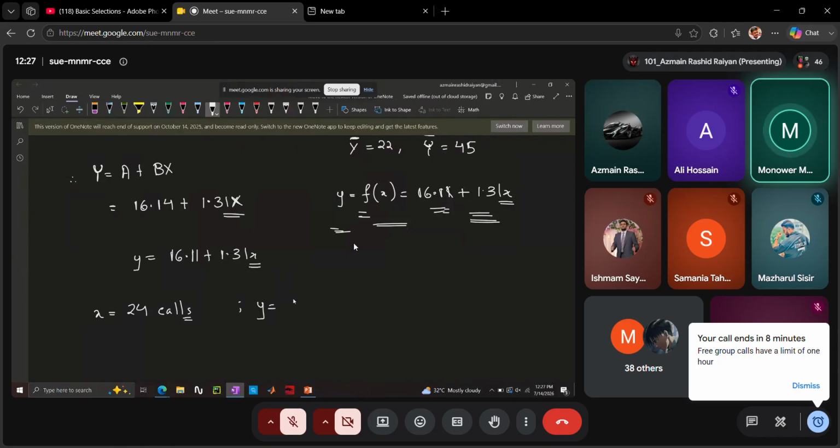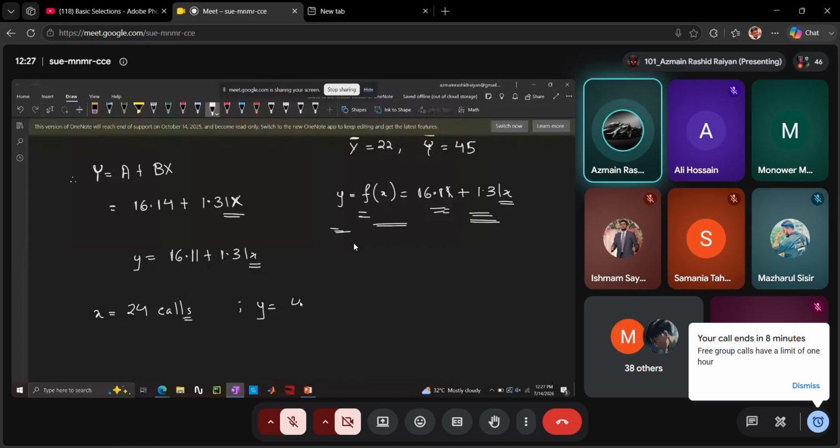So 44.96, you can round it up to 45. So using this relation, he has sold 45 textbooks or 45 copiers. This is how we can forecast or project.